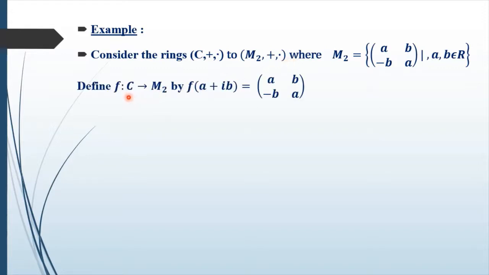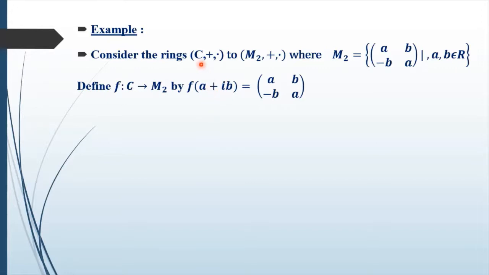Define the function f from C to M2 by f of a plus ib is equal to the matrix [A B; minus B A]. You may note that these elements A and B belong to the real numbers in complex form.